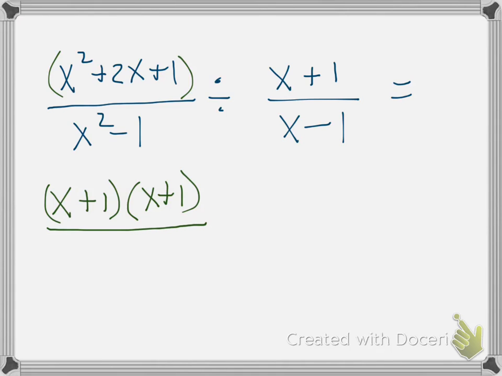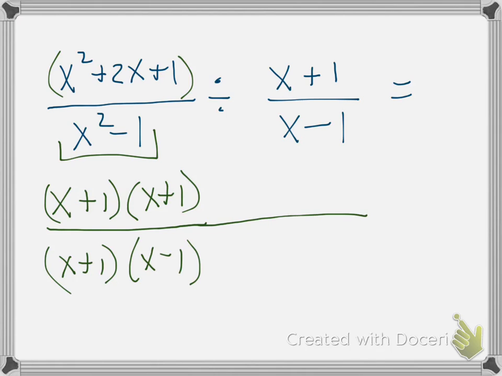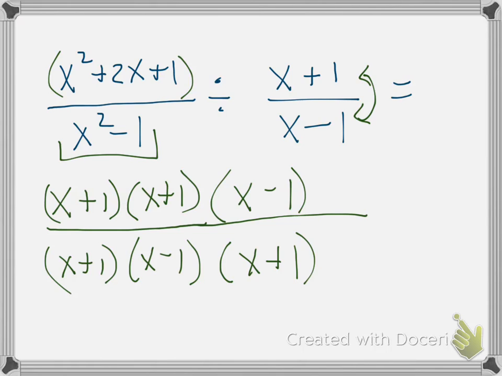Now, x squared minus 1 factors into x plus 1, x minus 1. And now when I take the reciprocal of the one I'm dividing by, x minus 1 goes to the numerator, and x plus 1 goes to the denominator. And now, let's see. I can make a big one here.